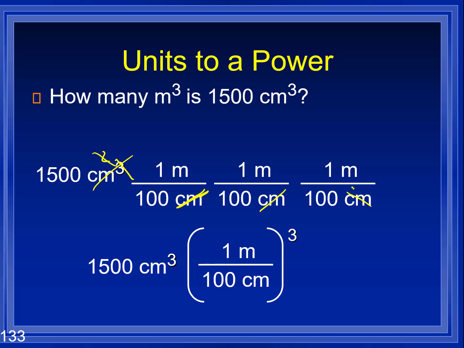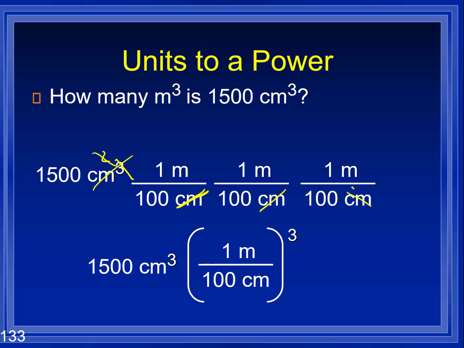See, this cubed is on the centimeters, so it's just a unit. This cube means cube everything on the inside. So it's 1 cubed, that's completely uninteresting. It's meters cubed, that's what I wanted. It's centimeters cubed, which gets rid of the centimeters cubed over there. And it's 100 cubed. So the only thing I really need to push in my calculator is the 100.